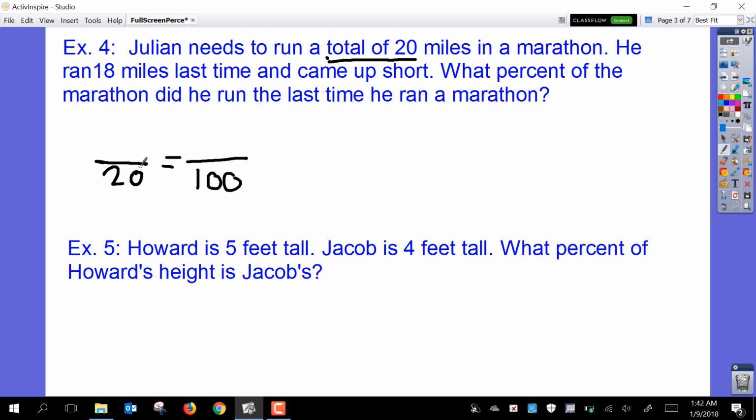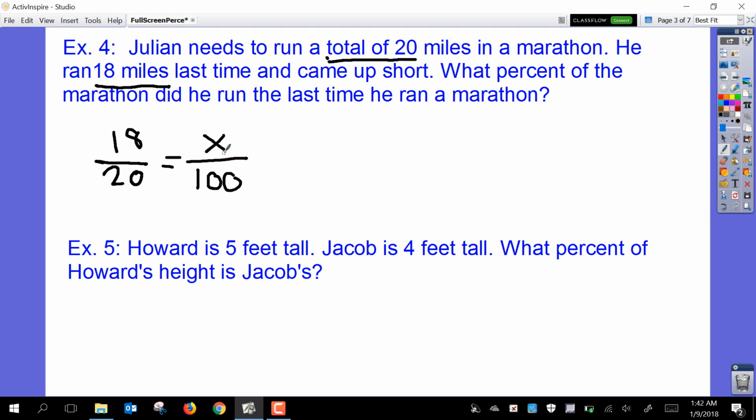He ran 18 last time and came up short. So he was only able to run a part of the marathon. And the part that he ran was 18 miles. Okay? Now, at this point, I need to figure out what percent of 20 is 18.